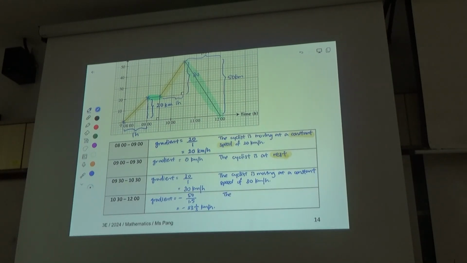So we say that the cyclist is traveling towards the starting point at a constant speed of 33 and 1/3 kilometers per hour. So for speed itself, it is supposed to be a positive value, so we don't put in a negative value. So down here should be positive. Again, constant speed, and it is actually towards the starting point.